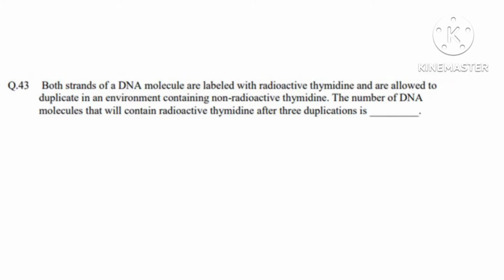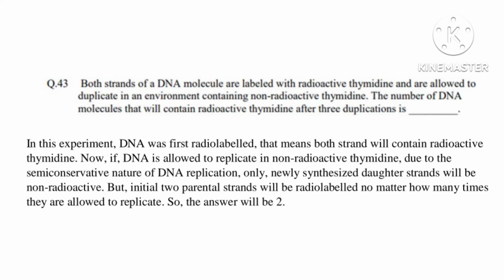Now in this problem, two strands of the DNA are radiolabeled with radioactive thymidine and then allowed to replicate in an environment containing non-radioactive thymidine. You have to calculate the number of radiolabeled DNA strands present after 3 cycles. In this experiment, DNA was first radiolabeled, that means both strands will contain radioactive thymidine.